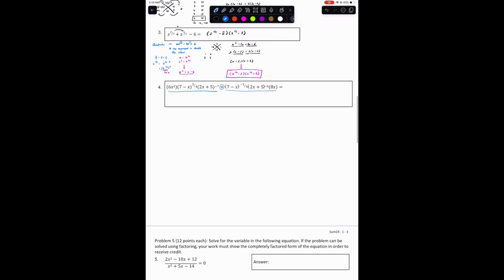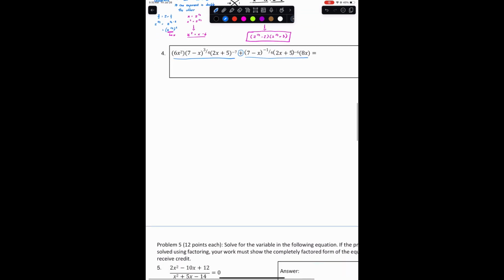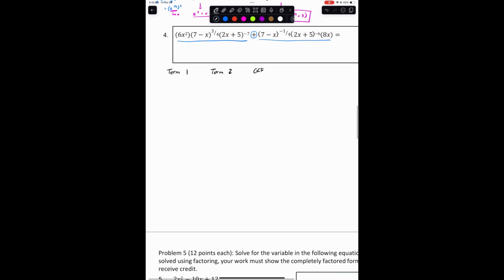I don't usually do this for my own work, but for the sake of clarity, I'm just going to write it out. So term 1, term 2. And then I'm going to do my GCF, greatest common factor. So I'm going to write out some of these terms. 7 minus x to the 3/4.